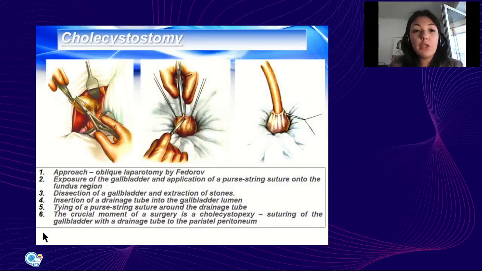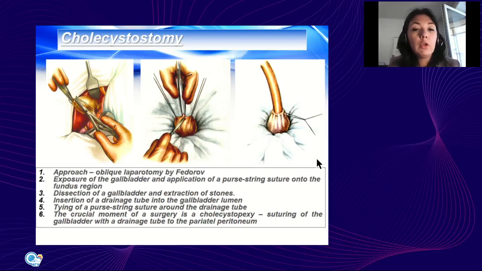If we need to provide drainage of the bile from the gallbladder, then we apply cholecystostomy. We start the same way, since cholecystotomy can be used as a separate surgery, for example for removal of gallbladder stones, and also as a surgical approach, like in case of cholecystostomy.